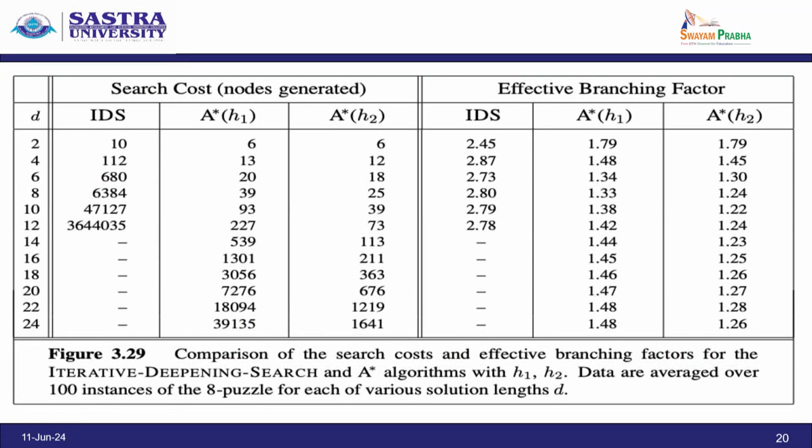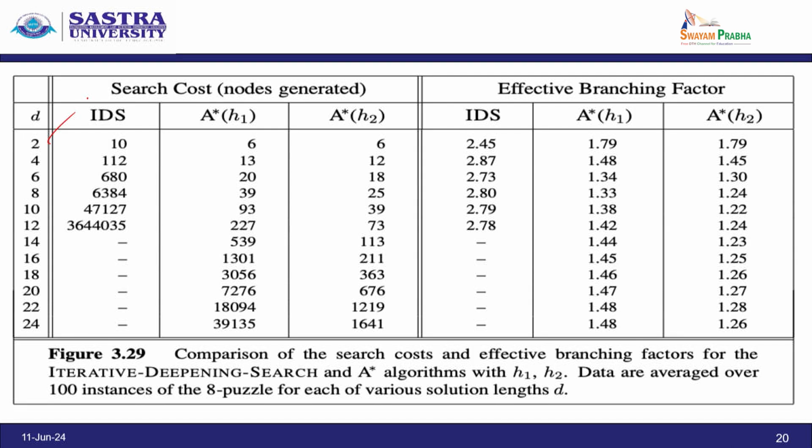The corresponding search cost and effective branching factor are shown here. This is a comparison of search cost and effective branching factor for iterative deepening search, which we call IDS, and A star with H1 and H2. The data are averaged over 100 instances of the 8 puzzle for each solution length d.